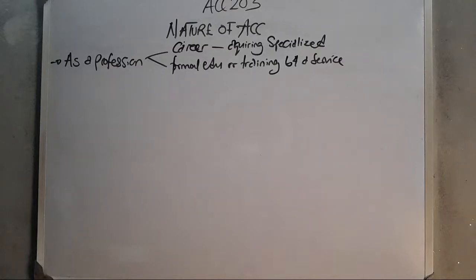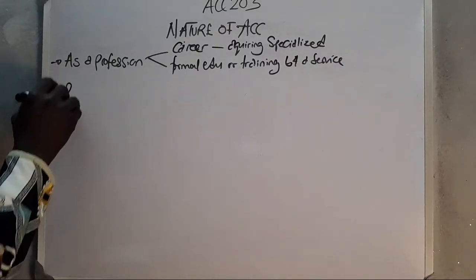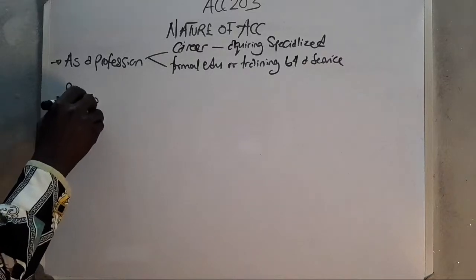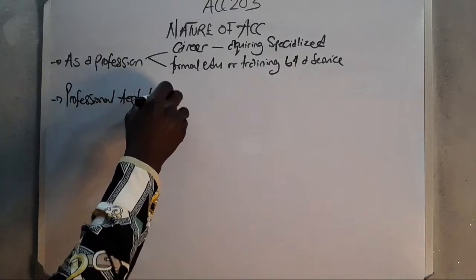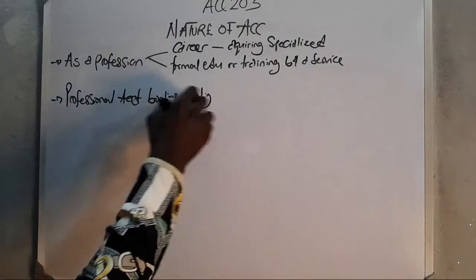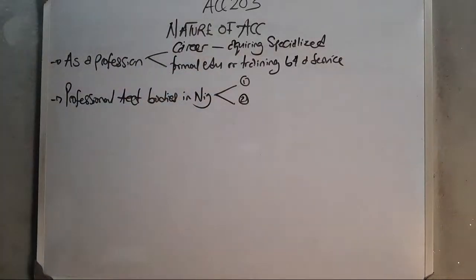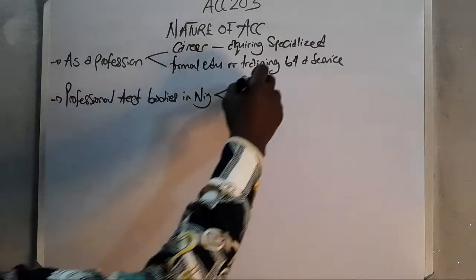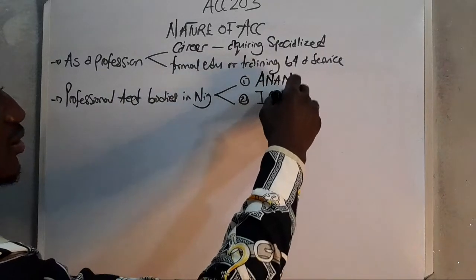Now, the professional accounting bodies. In Nigeria, not nationwide or worldwide, we have ANAN and we have ICAN.